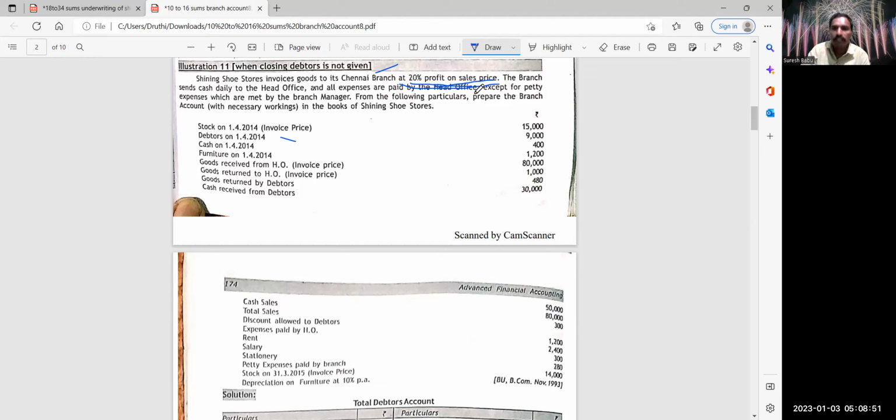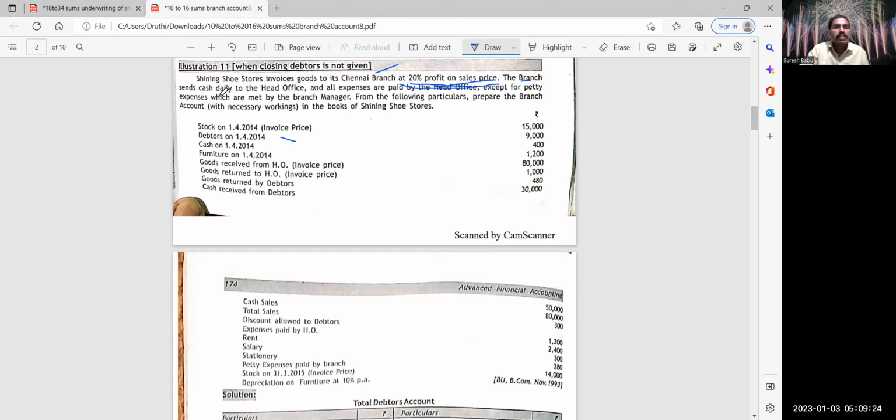If they are saying 20%, you need to calculate 20% of opening stock as stock reserve, and 20% only on the goods sent to branch. That is the stock reserve again. That is the profit. Don't change it. In the previous sum, 25% on cost was given, then we changed it to 20% on invoice price. But here, 20% on sales price is given. Don't change it. No conversion needed.